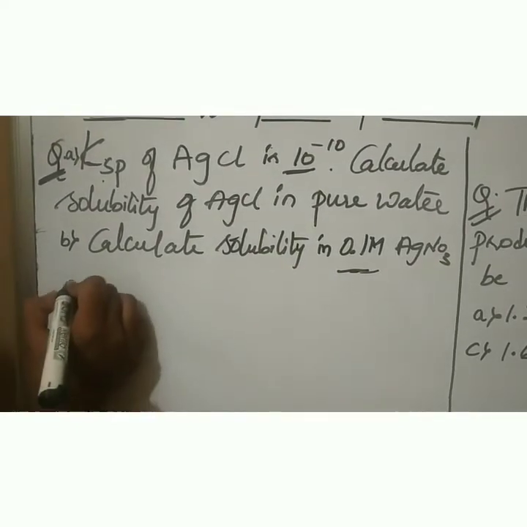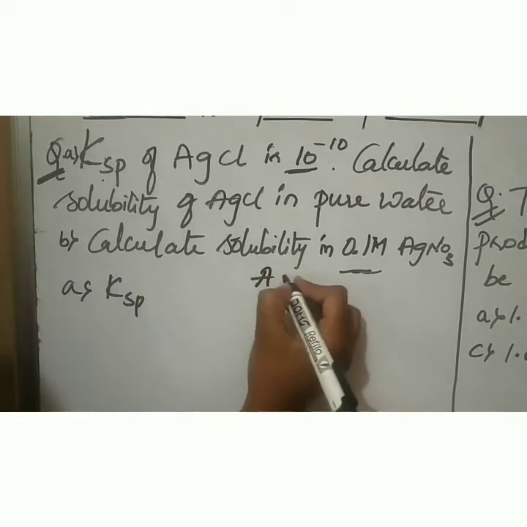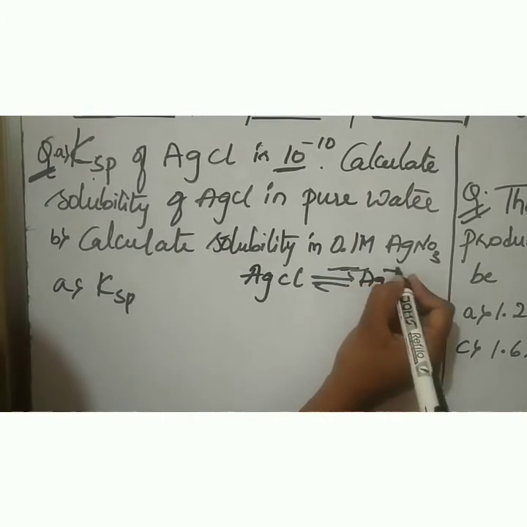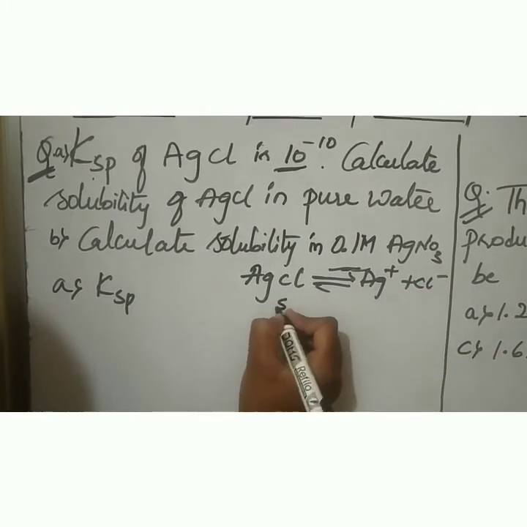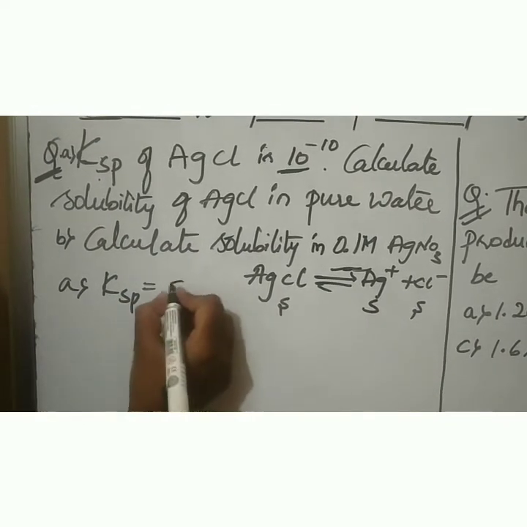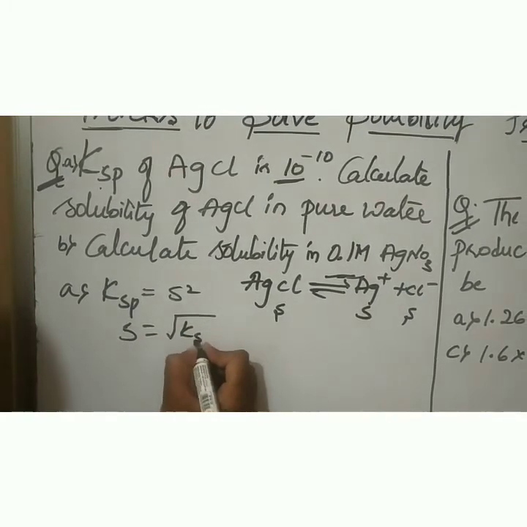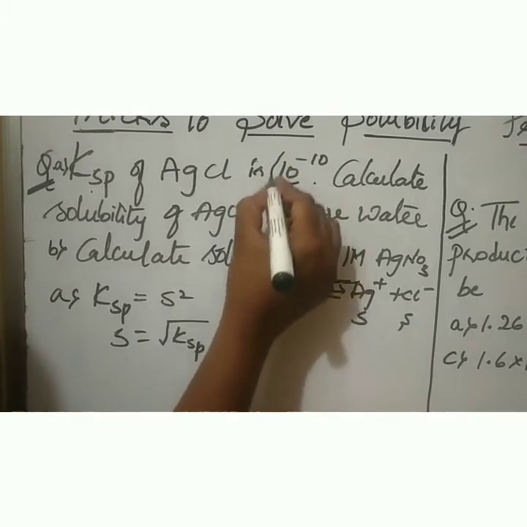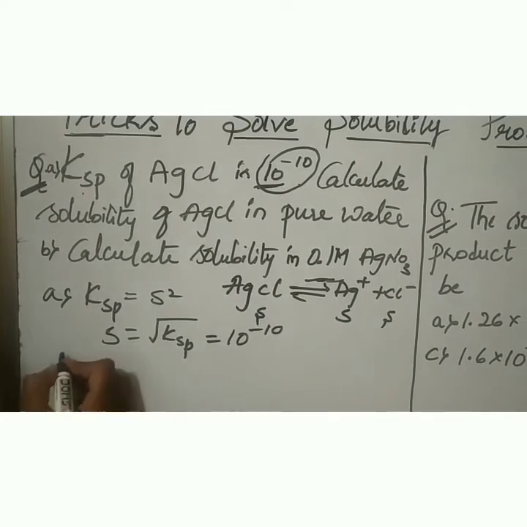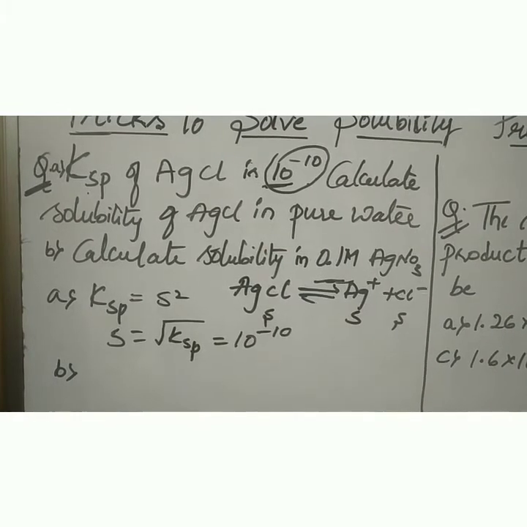First you should find the solubility. As we know, AgCl gives rise to Ag+ and Cl-. Suppose the solubility is S, then Ksp is equal to S squared. Then S is equal to the root of the solubility product, which is given as 10 raised to minus 10. Now moving to B: calculate the solubility in 0.1 M AgNO3.